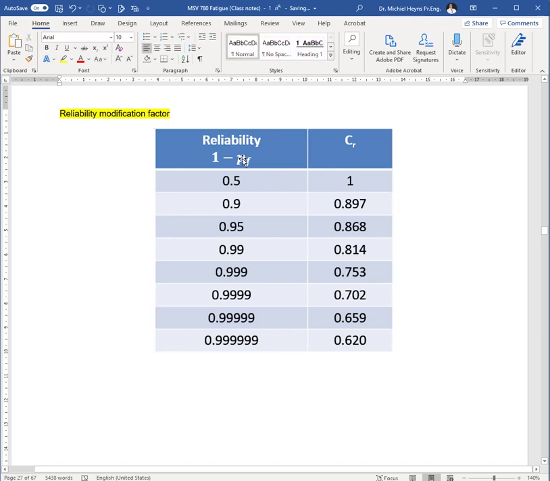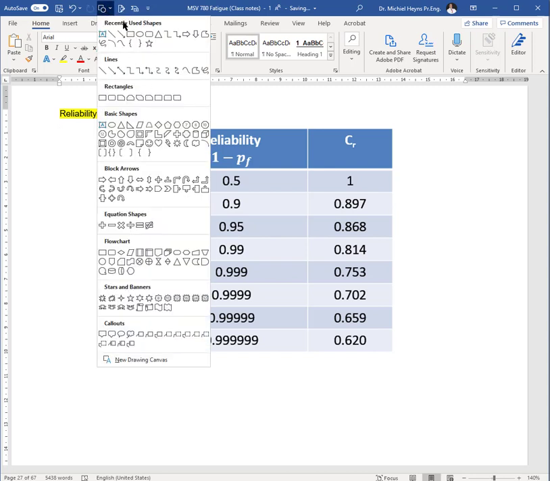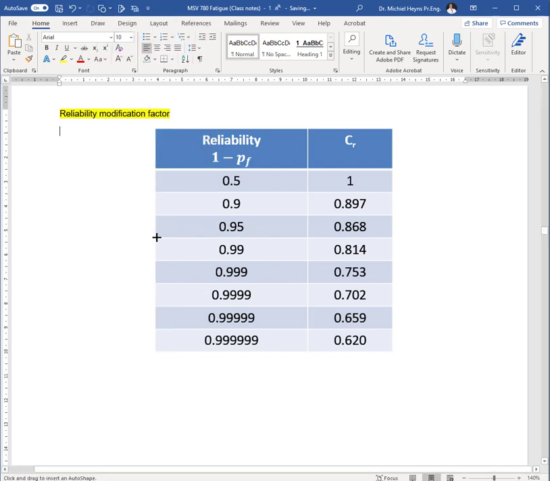So here they have 1 minus probability of failure, which is probability of survival. They wanted a probability of failure of 1%. That's 0.01. That means they want a probability of survival of 99%, which is 0.99. Now let's block it so that we can see where we are. So we're going to look at this one here. That's our probability of failure and survival that we're going to work with.